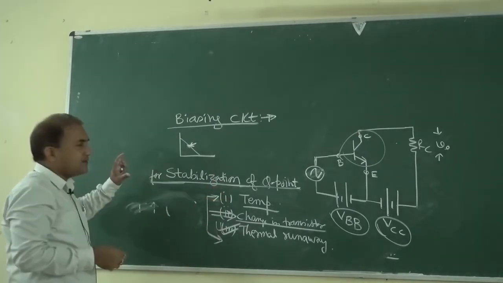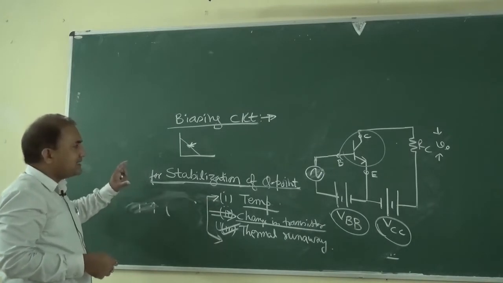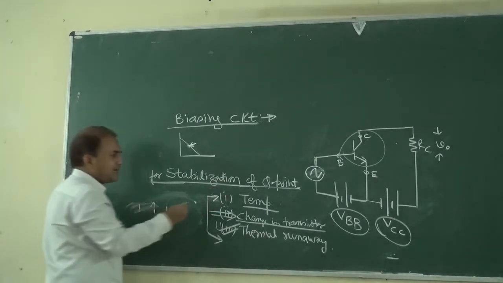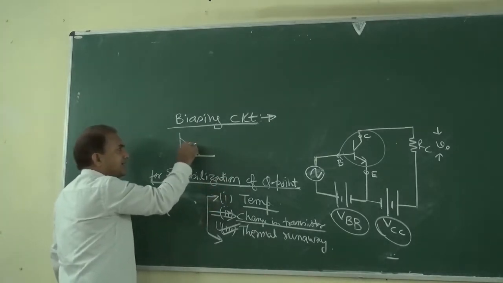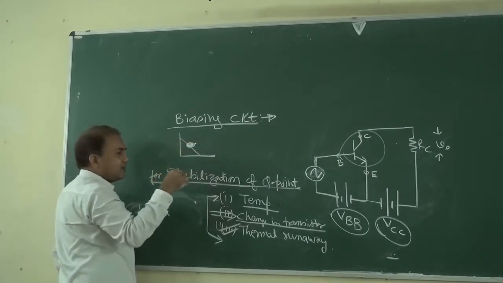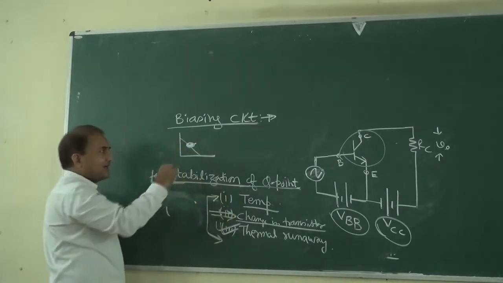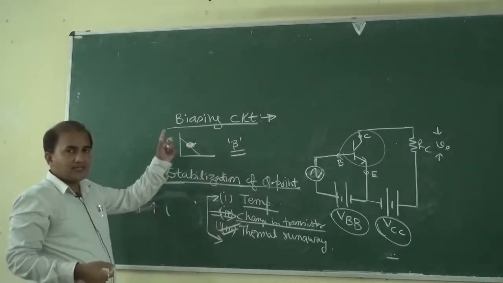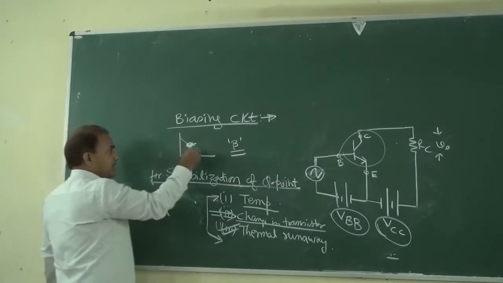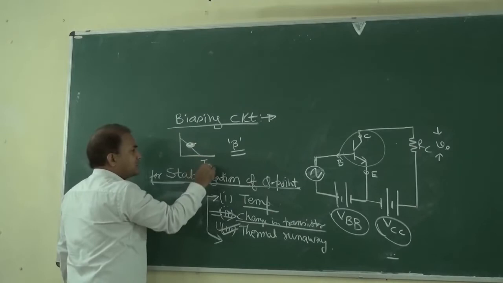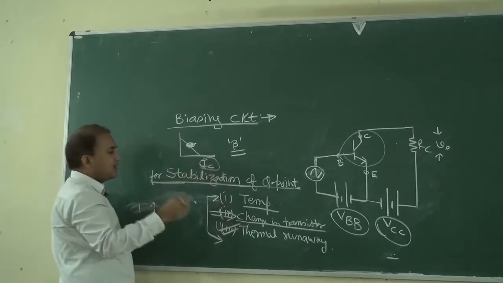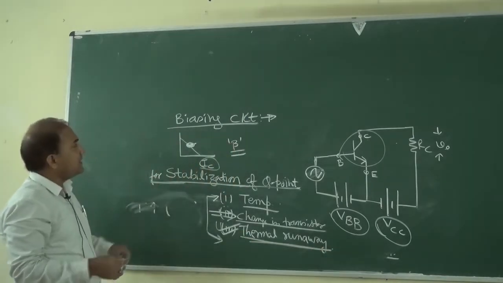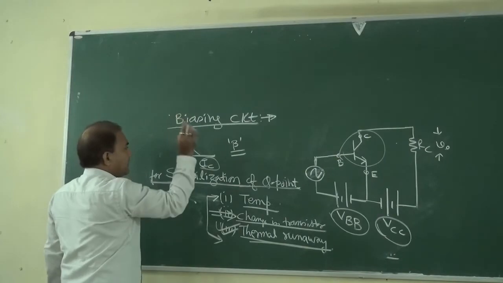So we use the biasing circuit for stabilizing the Q point in the active region. With the change in temperature, the Q point will still lie in the active region. With the change in transistor, beta will change, but by using the biasing circuit, it will not affect IC too much. Then with thermal runaway also, this should not change. So a biasing circuit is required.